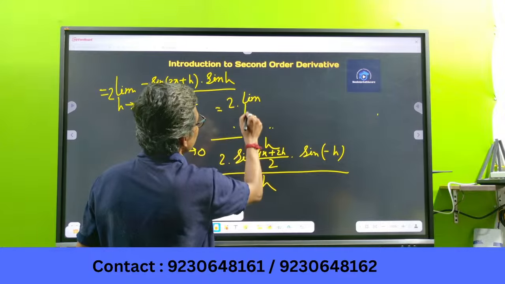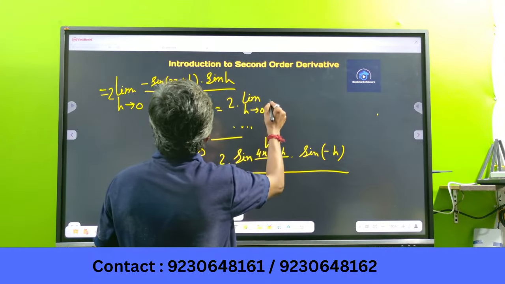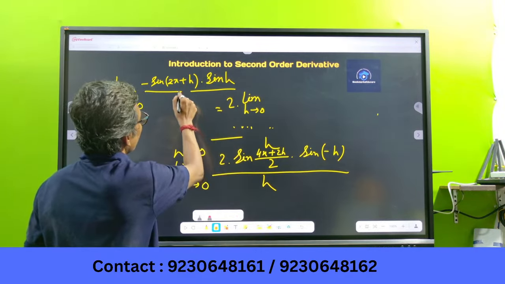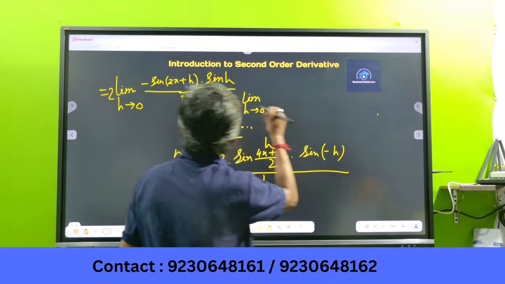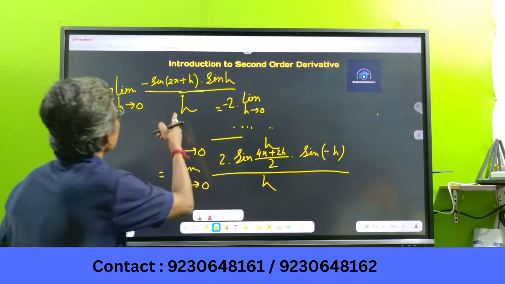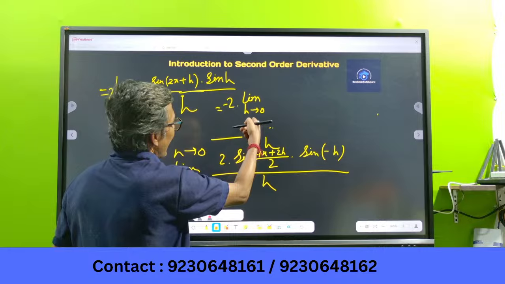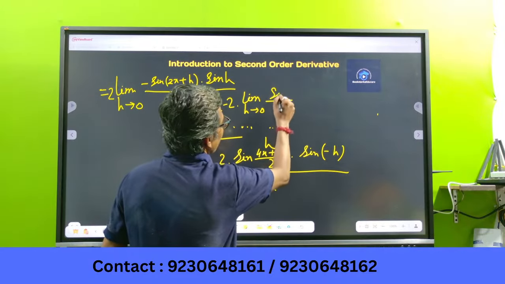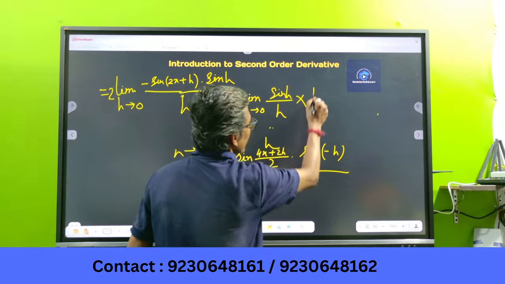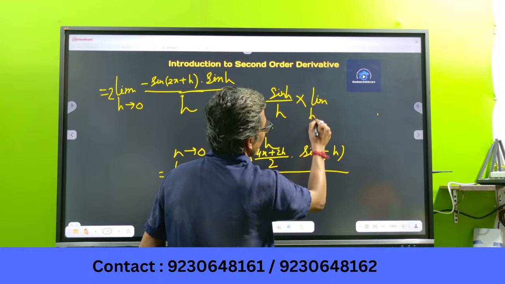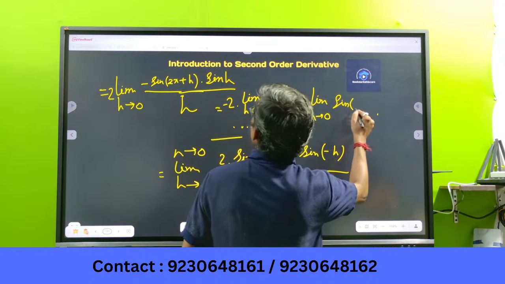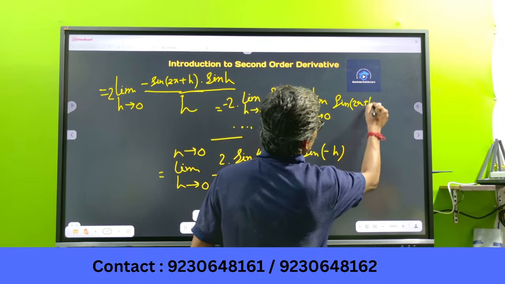So limit h tends to 0: minus limit h tends to 0 of sin h by h, into limit h tends to 0 of sin of (2x plus h).